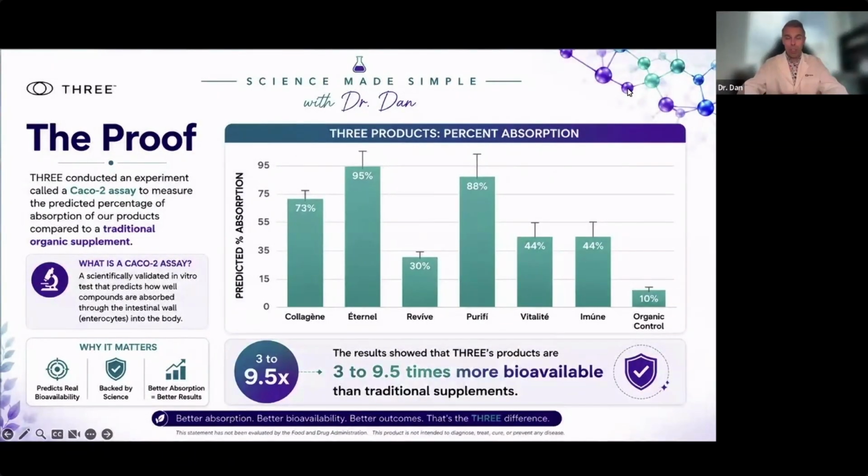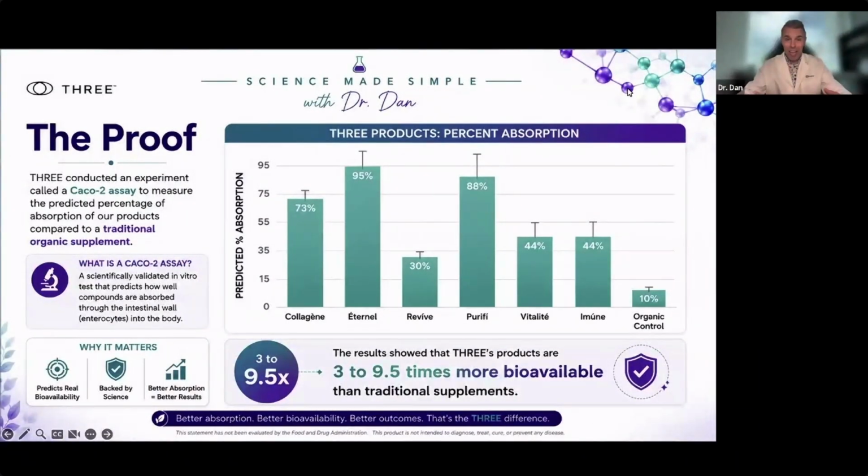And what you can see here on this graph, on the far right of the graph, we use a control. We use a curcumin supplement because there's a lot of curcumin supplements, and curcumin has a similar molecular structure to other molecules that people use in nutritional supplements, and they're not highly bioavailable. And what we found is that on this control, only about 10% of the molecules that we put on the outside of the cell surface got into the inside.